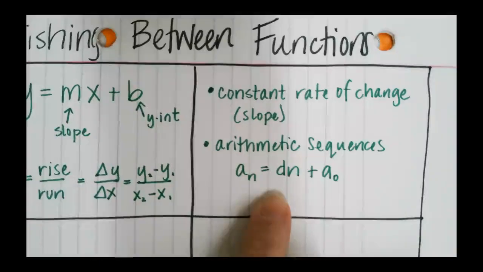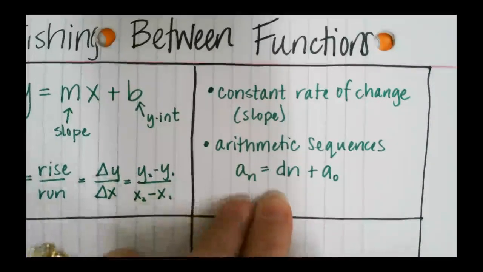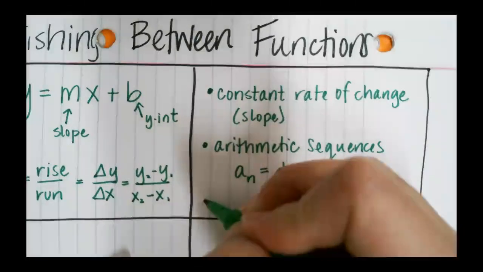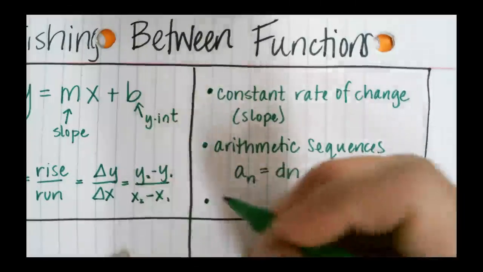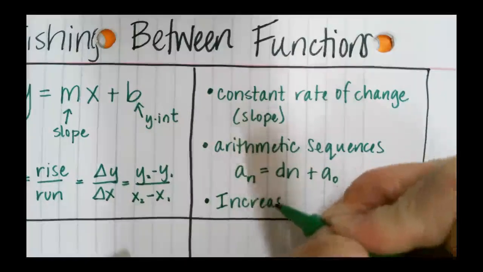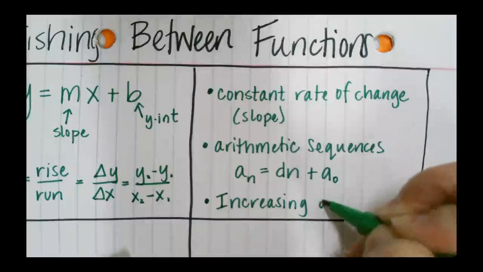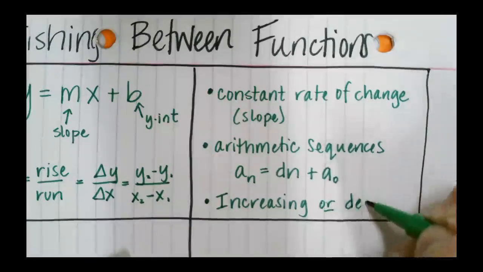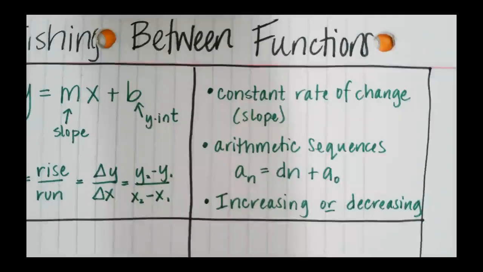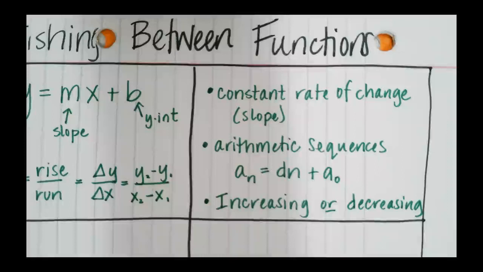Even though last year we used y = mx + b, this year we use this one, the setup is exactly the same. The other thing with linear functions, they are either increasing or decreasing, but not both. Your line is either increasing because there's a positive slope, or decreasing because there's a negative slope, but it won't do both. It's just one or the other.